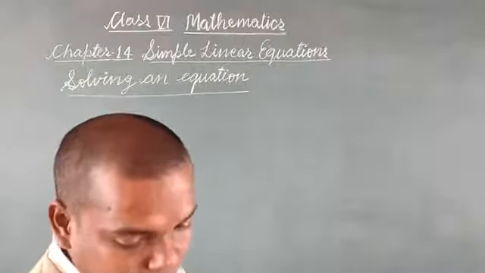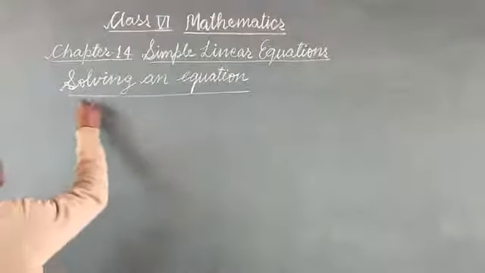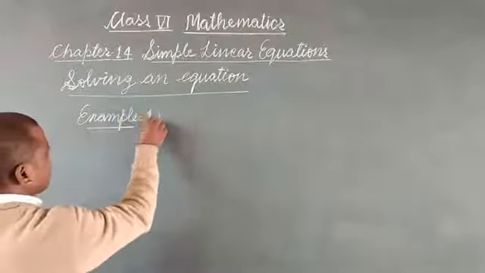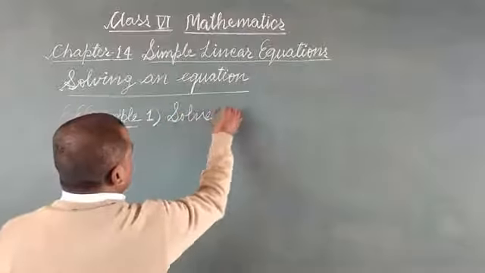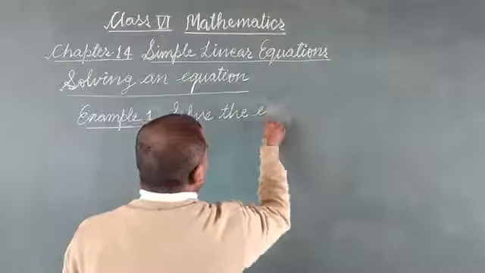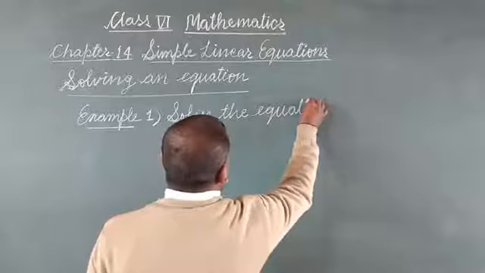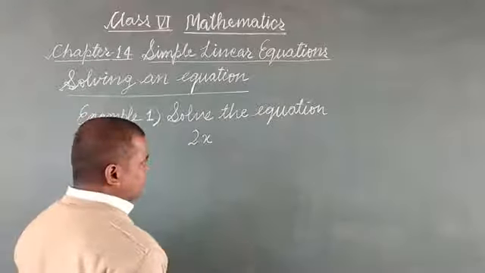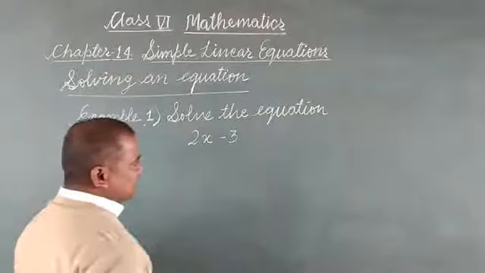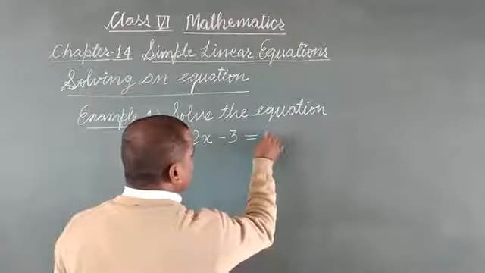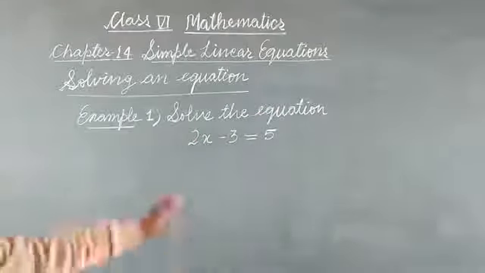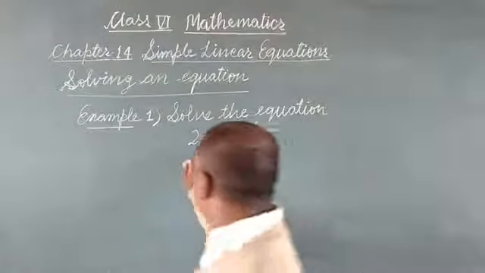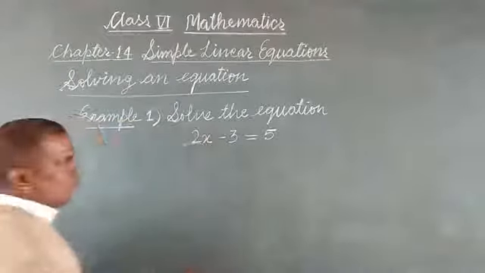Solve the equation 2x minus 3 is equal to 5.